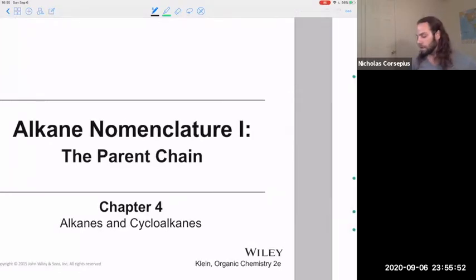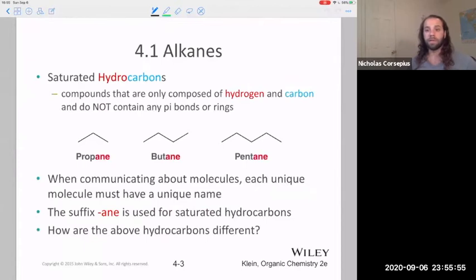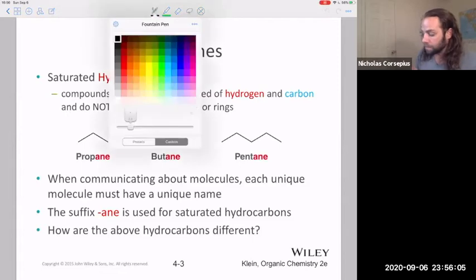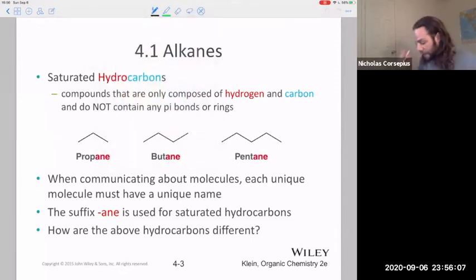First of all, let's just remember what we're talking about when we're talking about the alkane functional group. These are hydrocarbons, compounds that consist only of hydrogen and carbon. More specifically, when we're talking about alkanes, we're talking about compounds that do not contain any pi bonds. Okay, and for alkanes, they also don't contain any rings.